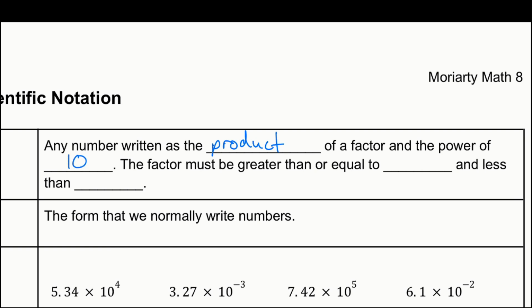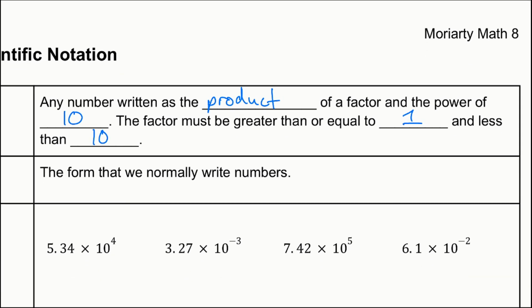The factor, which is that number in front, must be greater than or equal to 1, and it has to be less than 10. So you'll notice, just kind of looking at these first four examples here, all of the numbers in front of the times 10 to whatever power, they're all somewhere between 1 and 10. That is how you know your first factor is a part of the scientific notation view or whatever form, if you want to call it that.